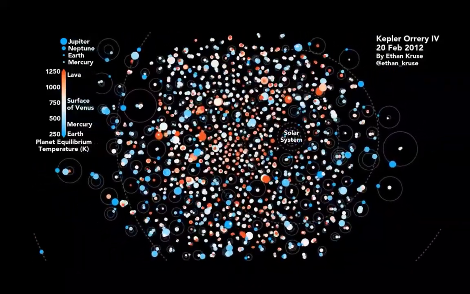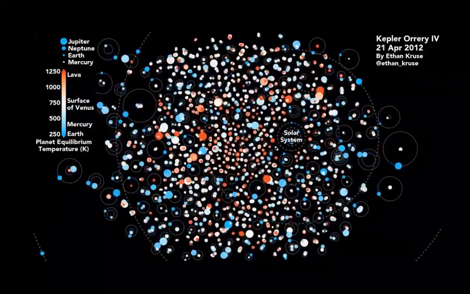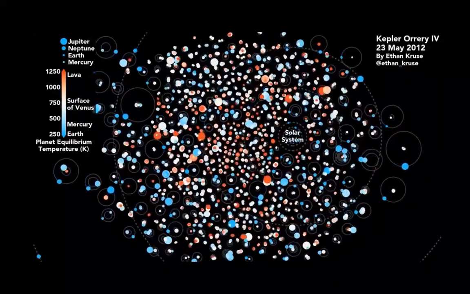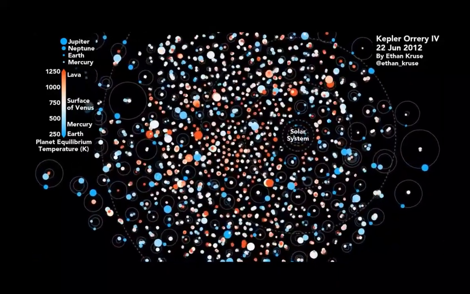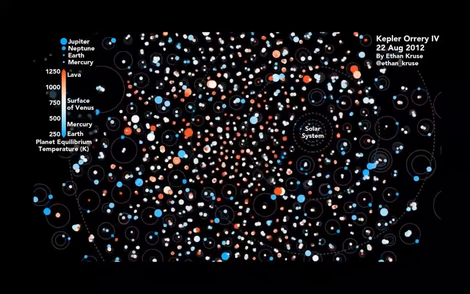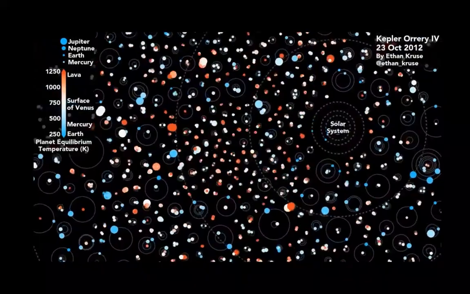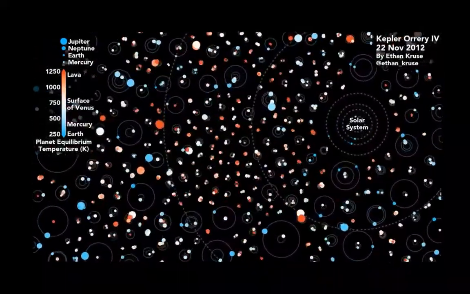The different sizes of the orbs tell you the size of the planet. The different colors tell you about the temperature of the planet. And the actual sizes of the orbits that they're zipping around in this animation are physically reminiscent of the size of their orbits around the star. Okay?